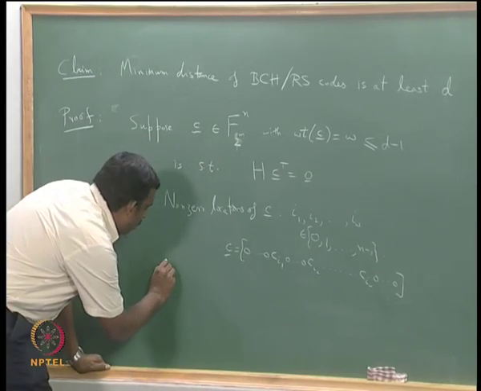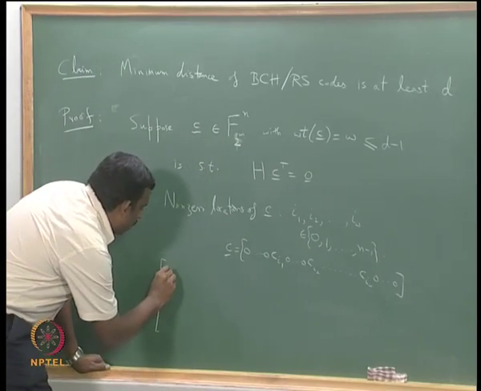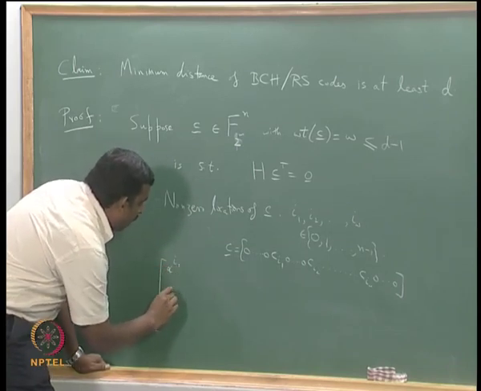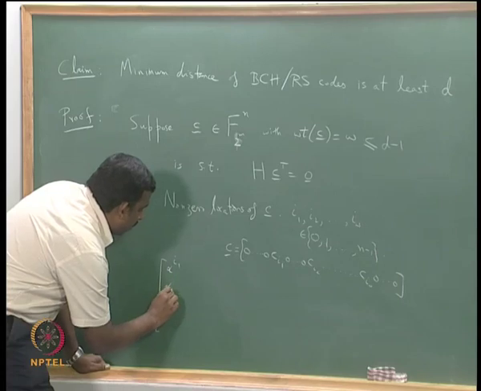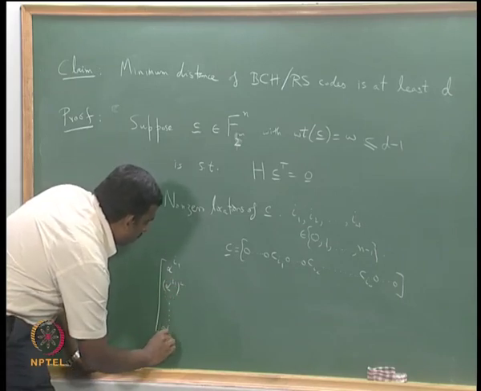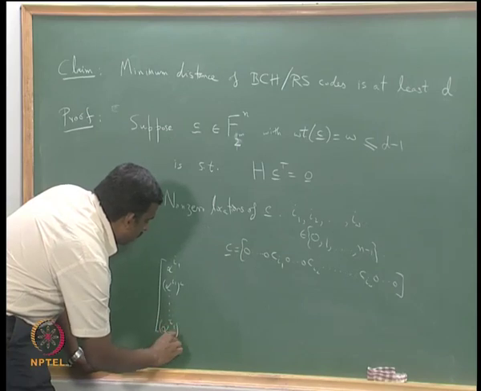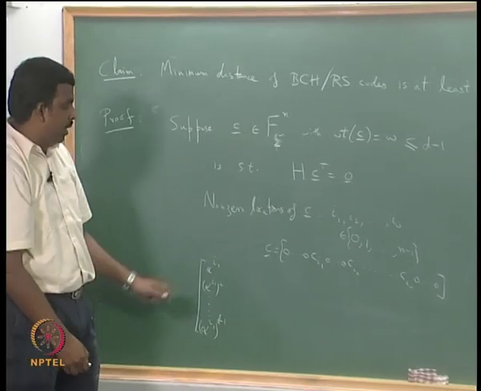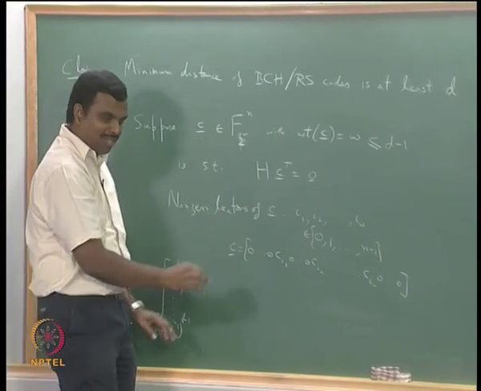You will have alpha power I1, alpha power I1 squared, and so on down to alpha power I1 power d minus 1. This will be the first column. I will write down the final thing later.